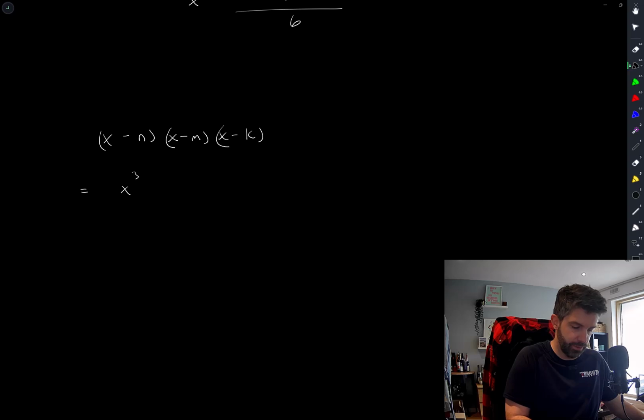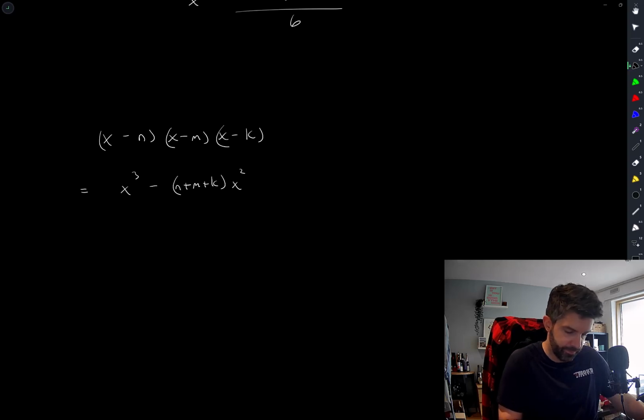That's x cubed minus (n plus m plus k) x squared plus (nm plus nk plus mk) x minus nmk is equal to 0.